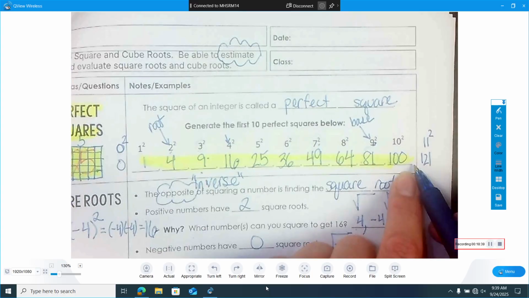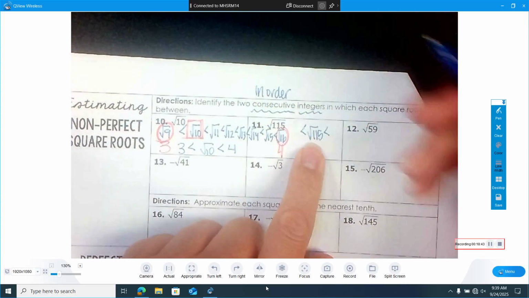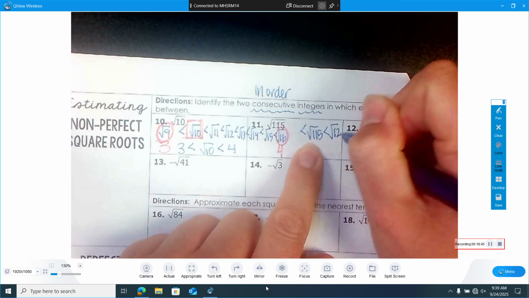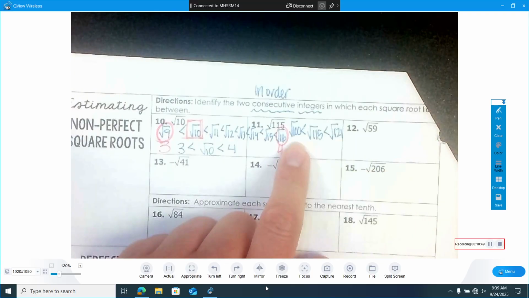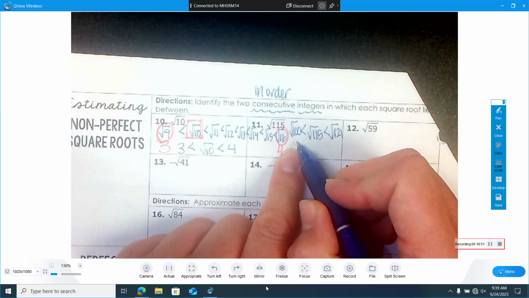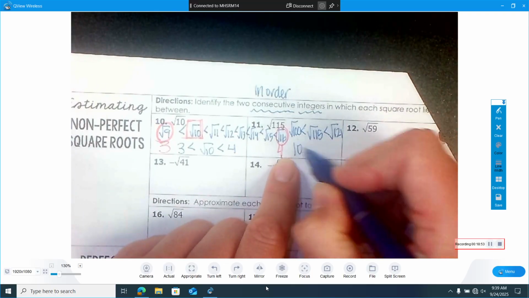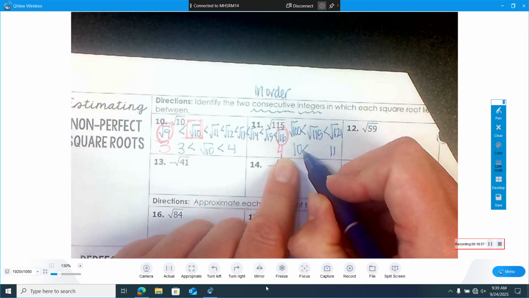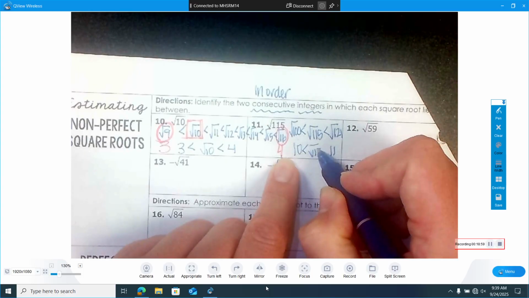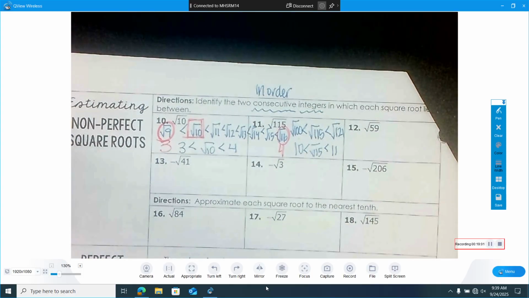All right. So 115 is going to be less than the square root of 121 and greater than the square root of 100. What's the square root of 100? 10. And what's the square root of 121? 11. So 115 is somewhere between 10 and 11.